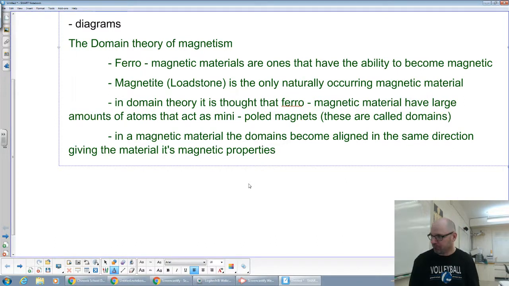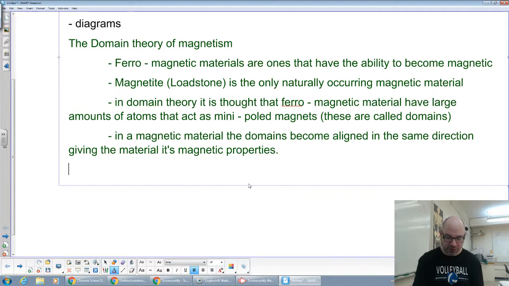Okay, so that's basically the theory: if materials have no magnetic properties, they say that these domains are all scattered around. And that's basically the theory. And we'll draw a little picture.